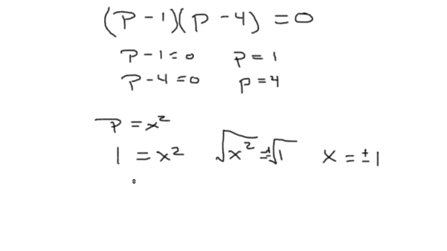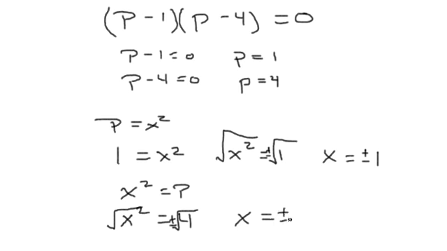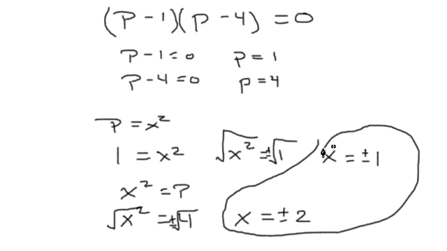Now let me rewrite this: x squared is equal to p. So we look at this other one here, 4. And when we square root both sides, plus or minus, we end up with x is equal to plus or minus 2. So we end up with 4 solutions.